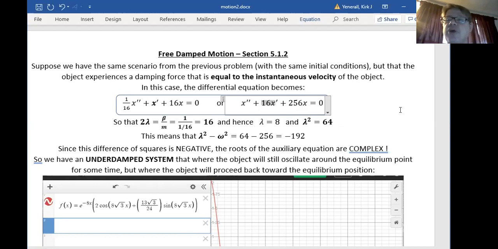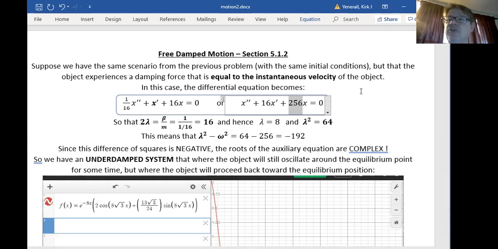Depending on which one's stronger, we're going to get either underdamped or overdamped behavior, or if they're the same, we might end up with critically damped behavior. In this case, we just found that our lambda squared was 64. But remember, we already know what omega squared is. Omega squared isn't going to change, since it's the same problem and we're just introducing damping.